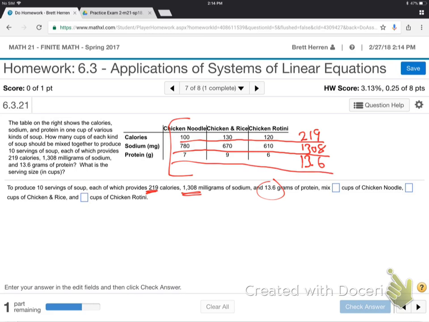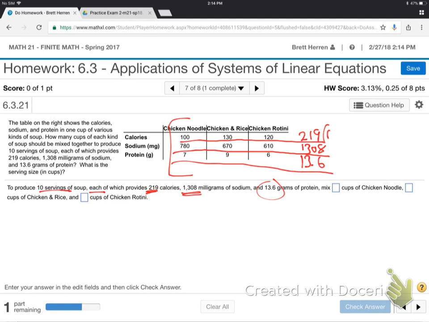Are y'all with me? Is that good so far? I'm just grabbing their numbers. That's the amount. But careful, that's the amount they want. 10 servings. Each has 219.